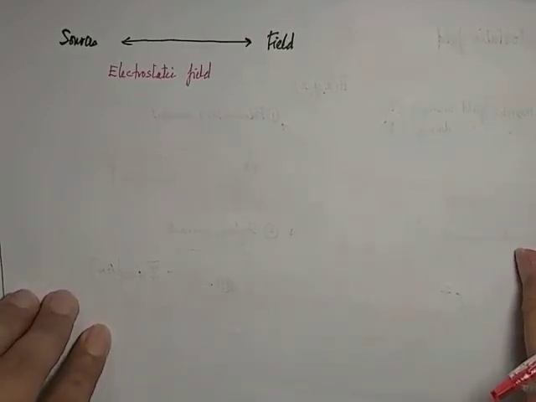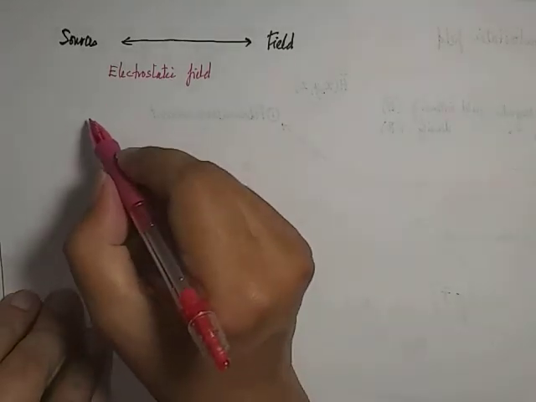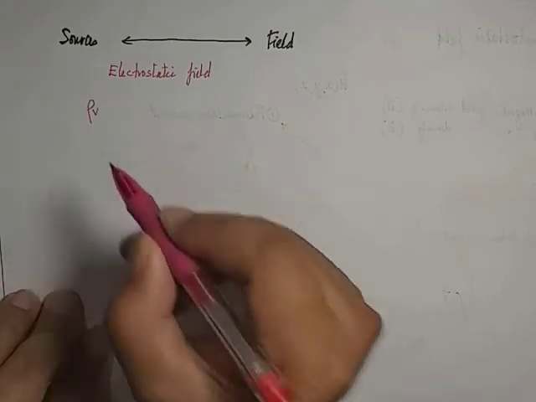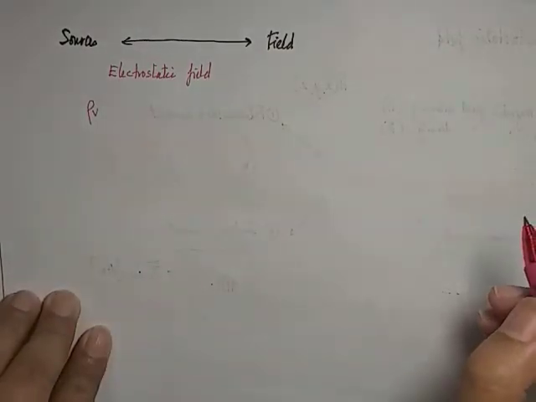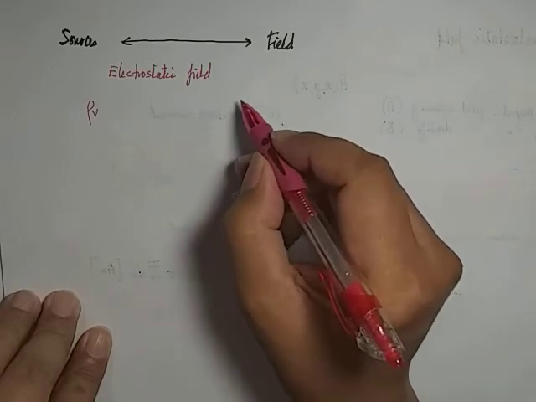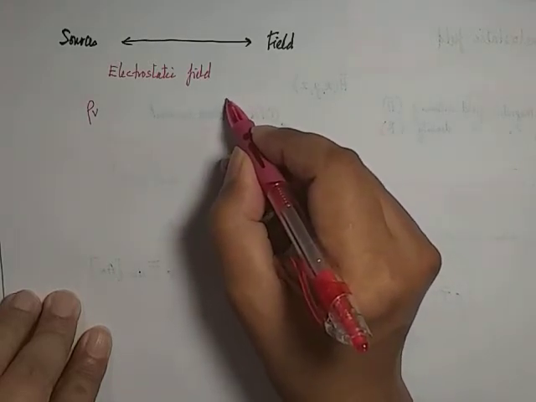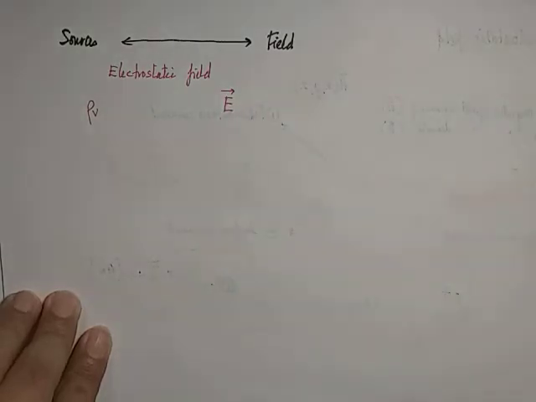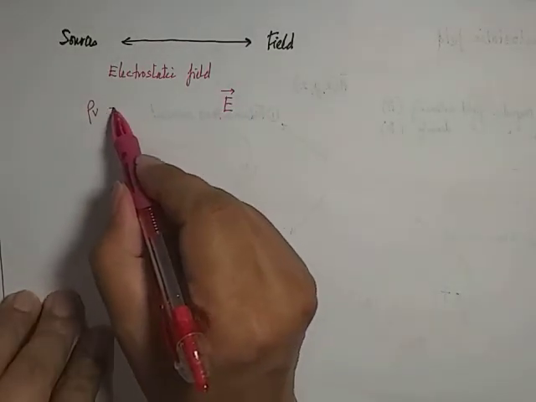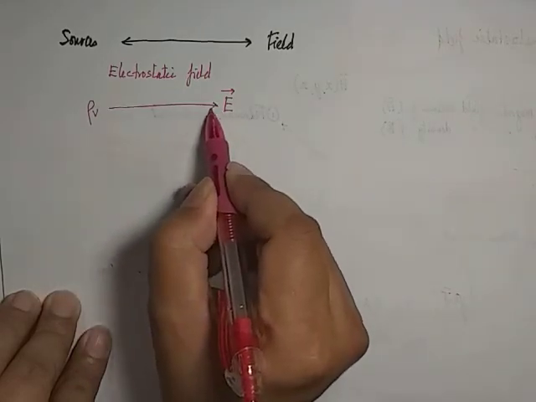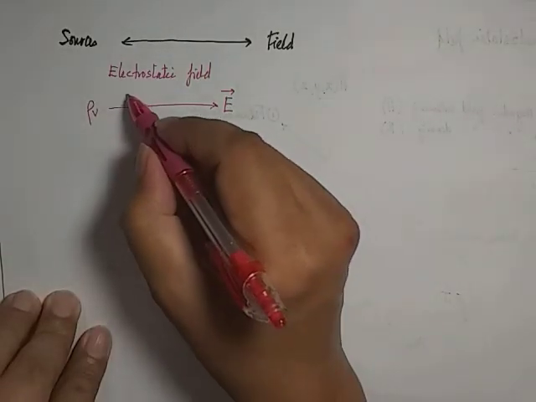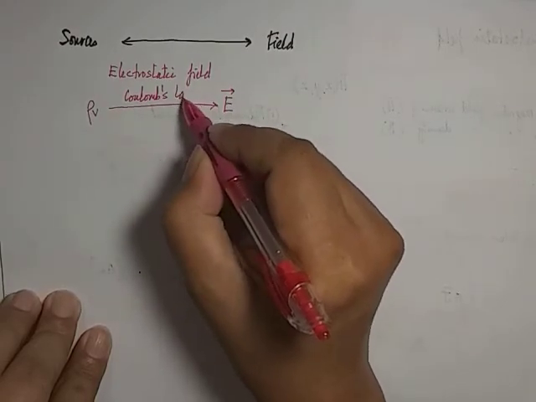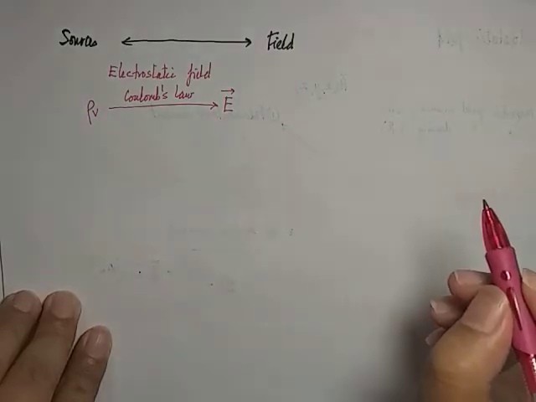The source for electrostatic, we represent in general as rho V, and the field we represent as electric field intensity vector E. These two parameters can be linked together with a law. We define it to be Coulomb's law. Correct?